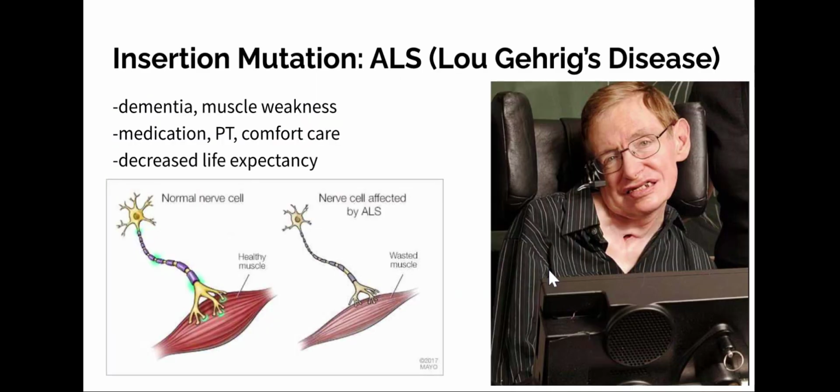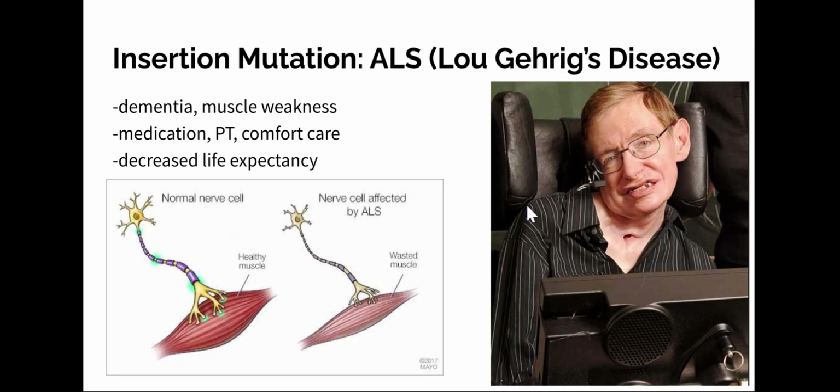An example of that is Lou Gehrig's disease, or ALS. A famous person who has this disease is Stephen Hawking. He experienced some dementia, muscle weakness. Medication is needed for these patients, physical therapy, a lot of times comfort care. And this can end up causing somebody with ALS to have a much shorter life expectancy than a person normally would have.